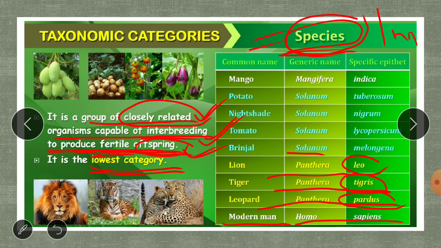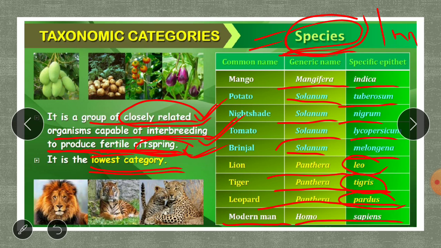Brinjal is Solanum melongena. Tomato, Solanum lycopersicum. Nightshade is a flower, Solanum nigrum. Potato, Solanum tuberosum. One more, mango, Mangifera indica.